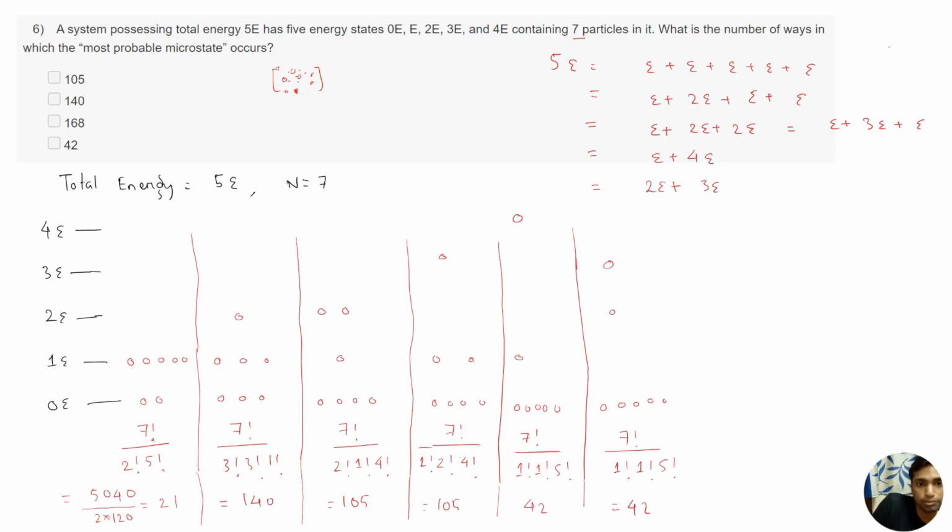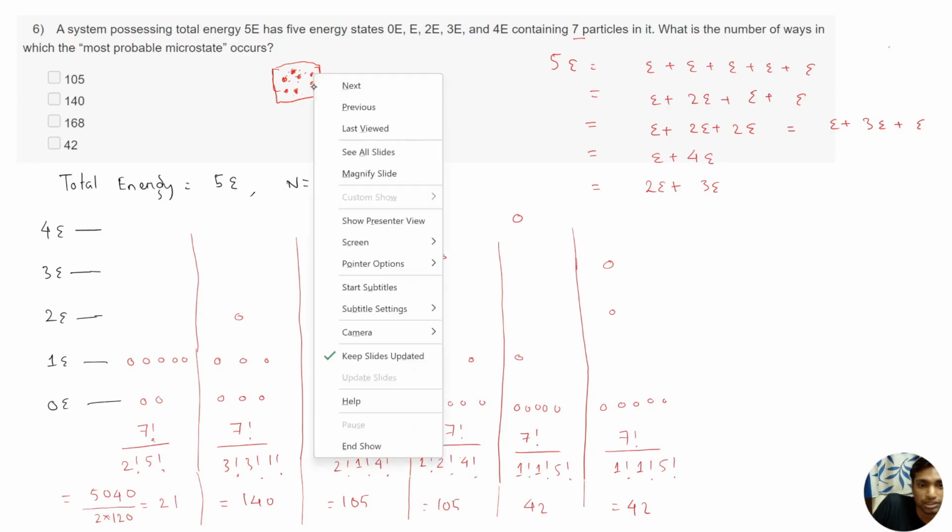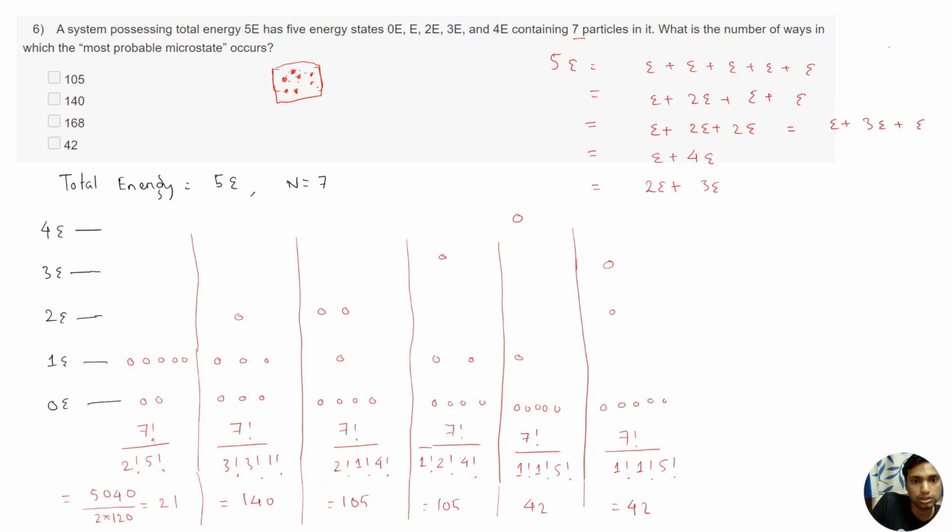This system has 7 particles in it: 1 2 3 4 5 6 7. Total energy, volume is fixed, energy is 5E.